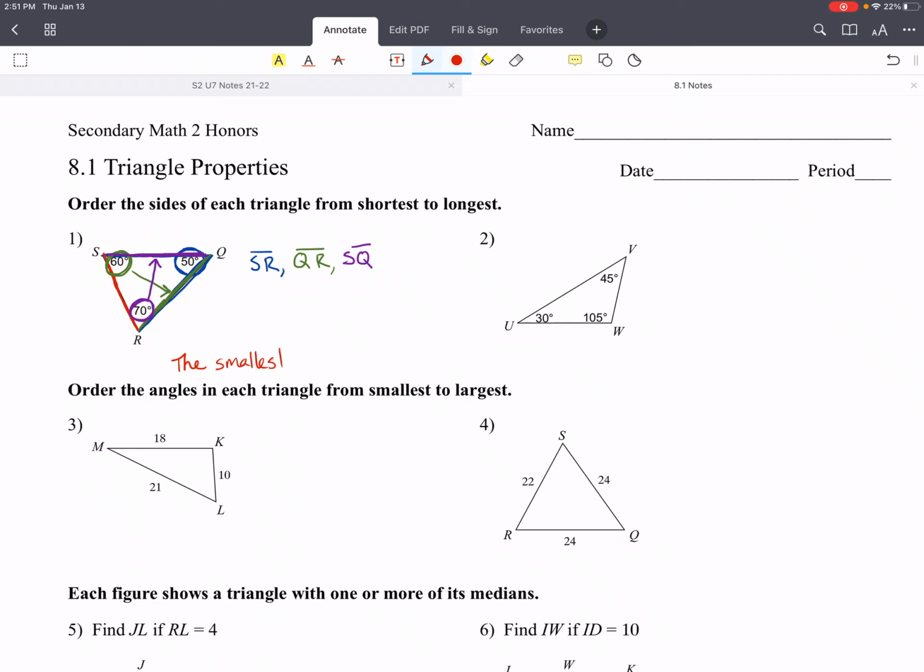The smallest angle is across from the shortest side. And that means the largest angle is across from the longest side.